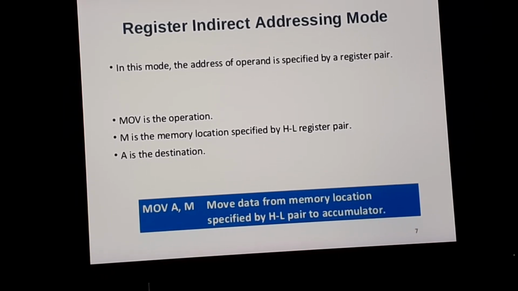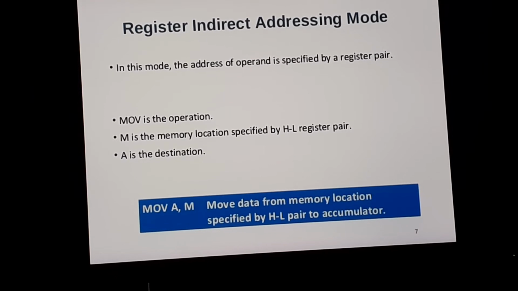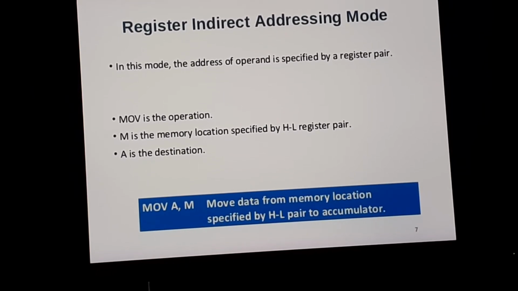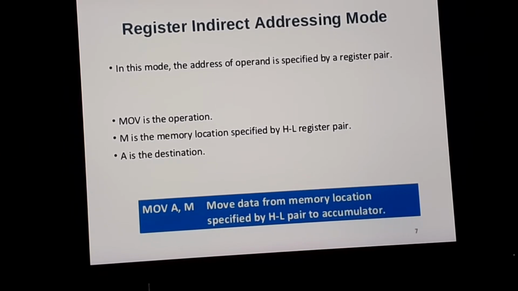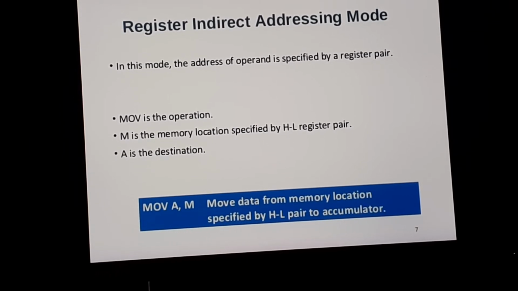M is nothing but a memory location specified by the HL register pair. So how will you explore this particular instruction MOV A,M? In this instruction, the content of the memory location which is specified by the HL register pair is transferred to the accumulator, or register A.